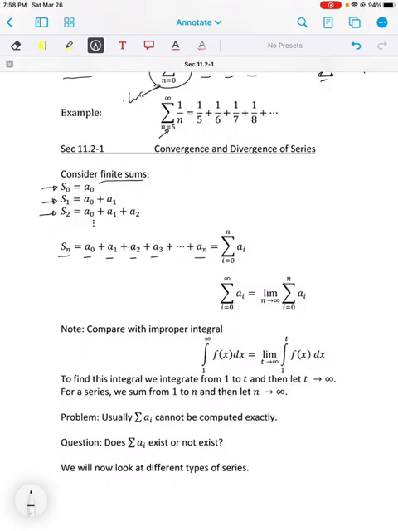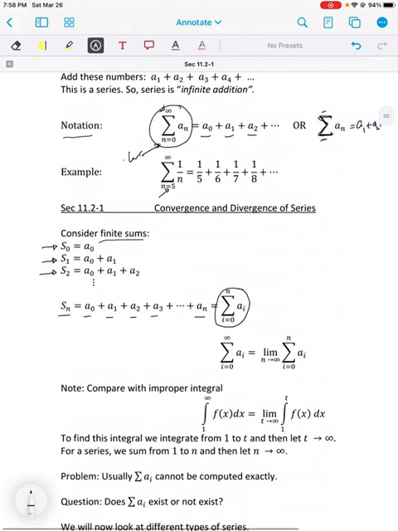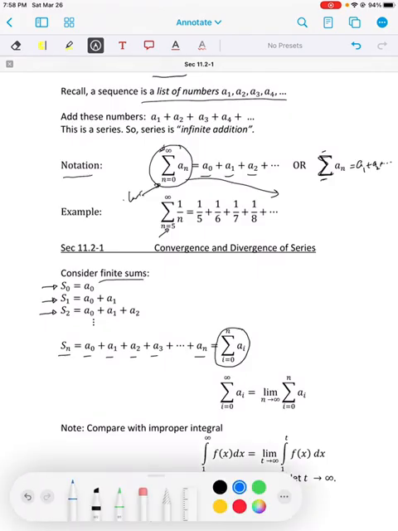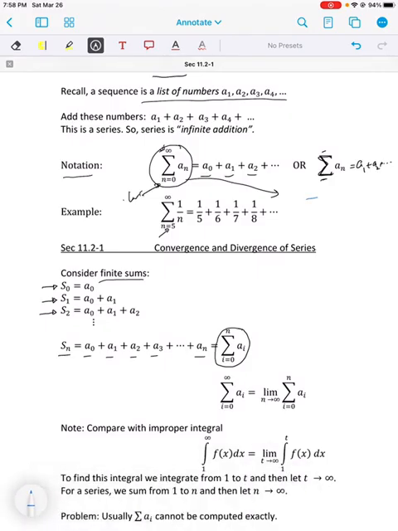This can be written in compact notation like this: the summation of a sub i, where i is going from 0 to n. By the way, over here we used this letter n, but it's not necessarily n. It's just an index, or a kind of variable.